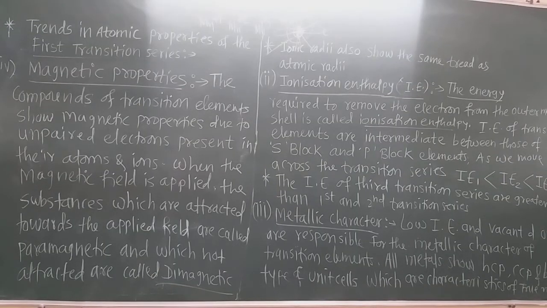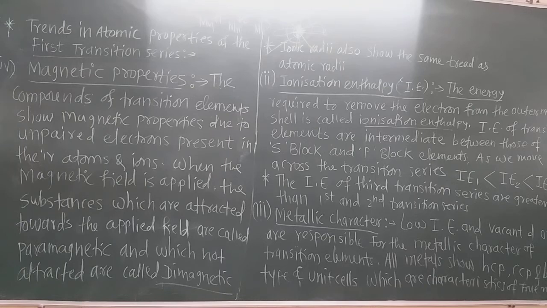Now let us study the fourth property, that is the trend in the fourth property, the magnetic property. Now you know what magnetic property is. Here it is not about the magnet, but the magnetic properties of a substance are due to the unpaired electrons present in it.